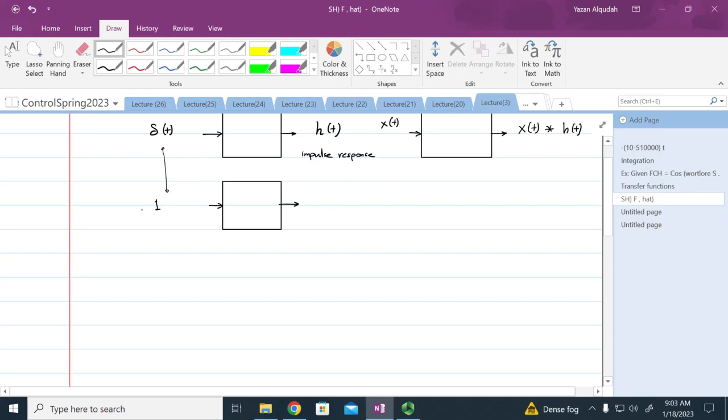So if I apply a delta in the Laplace domain, the output is going to equal h of s.